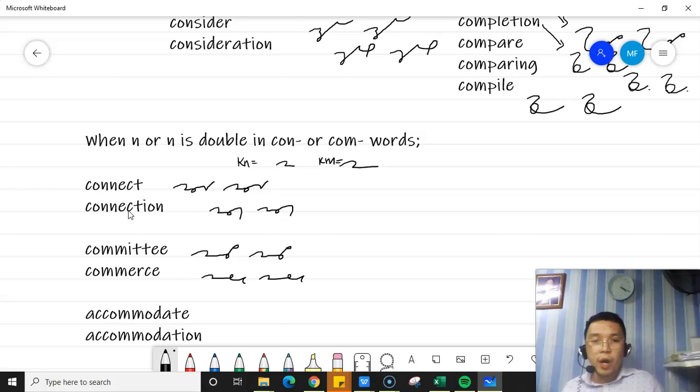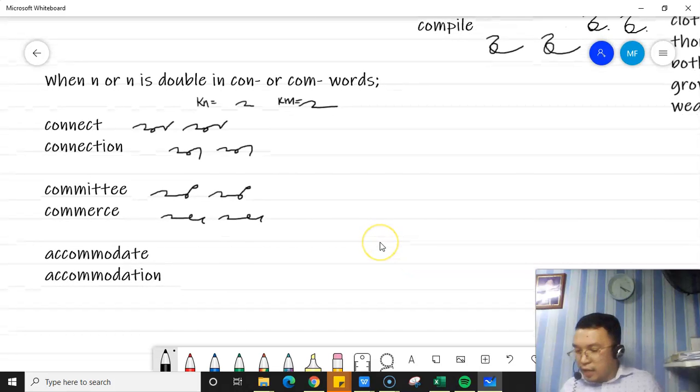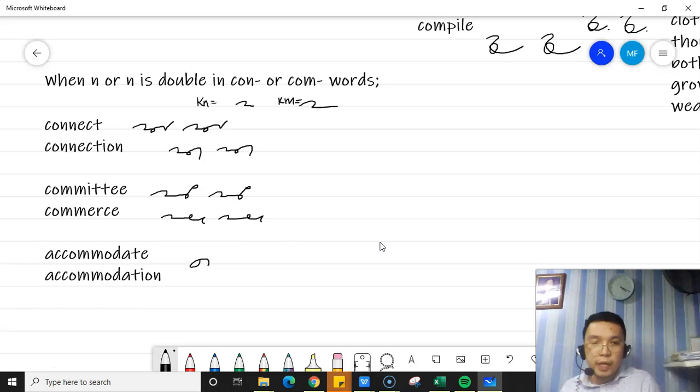M-E-R-S for commerce. Okay, let's have the accommodate. Of course, then word beginning A-K-M-O-D-A-T for accommodate.